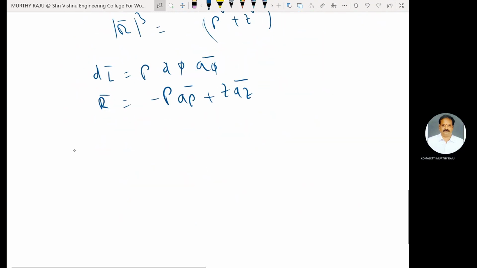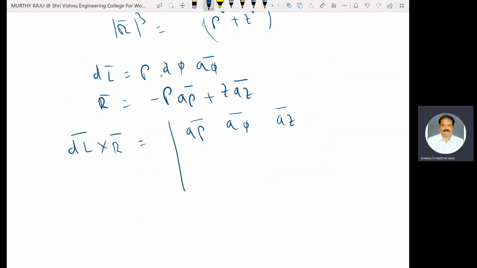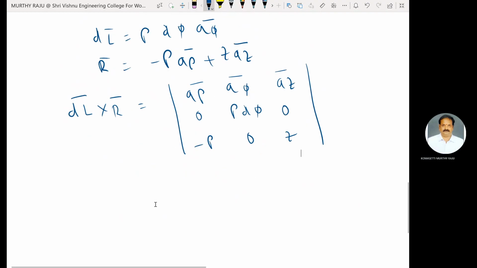Find out DL bar cross R bar. The determinant has a rho, a phi, a z. For DL bar, only d phi a phi is there, that is rho d phi. The remaining are 0, 0. Here a rho bar means minus rho, a phi is 0, and a z bar is z. Calculate this determinant value.